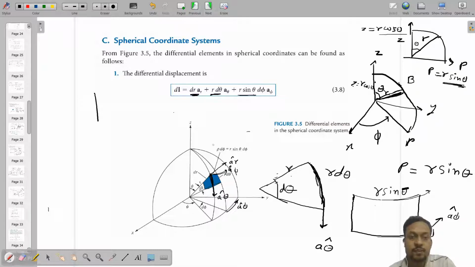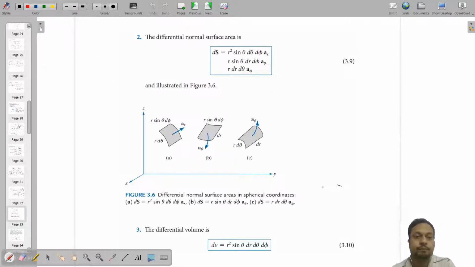Now for the surface integral in the spherical coordinate system, the differential surface. Consider the first surface, the front surface of the sphere. The unit vector is a_r.